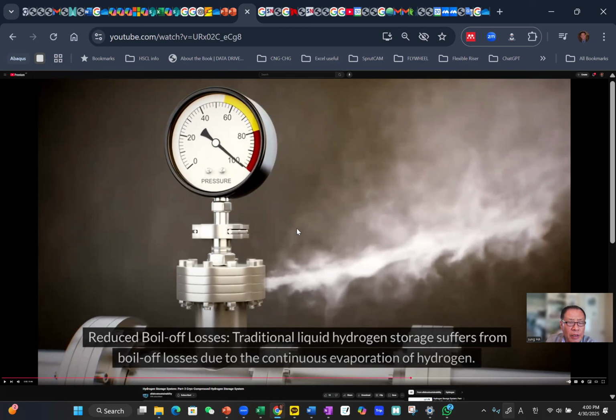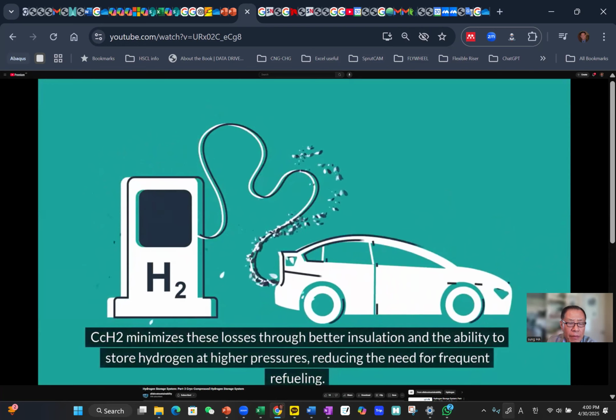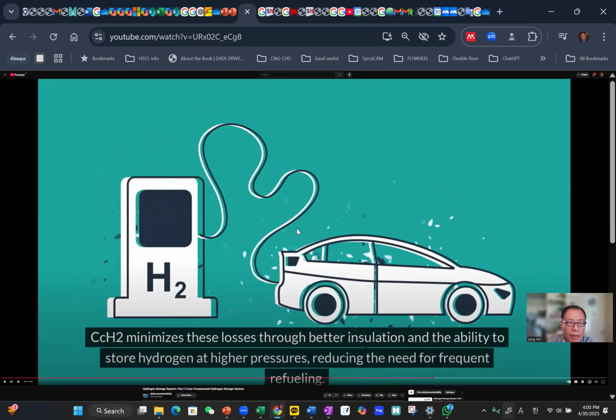What does it mean? Over a long period of time, the hydrogen gas will be released, and there may be much less than the original hydrogen. Evaporation of hydrogen. CCH2 minimizes these losses through better insulation and the ability to store hydrogen at higher density.